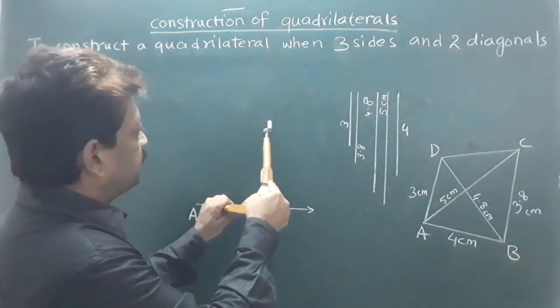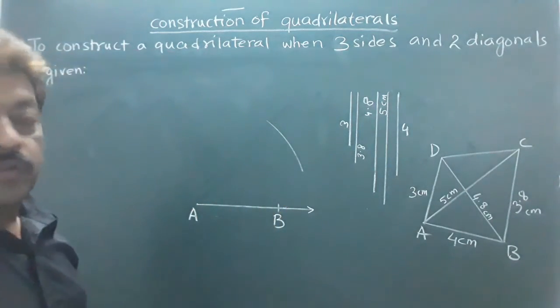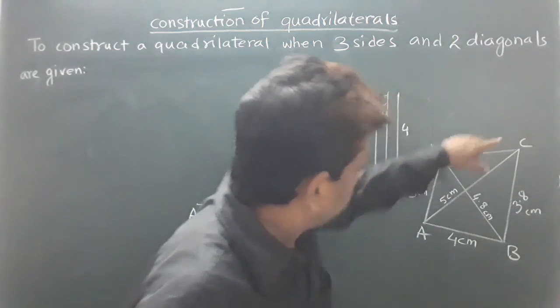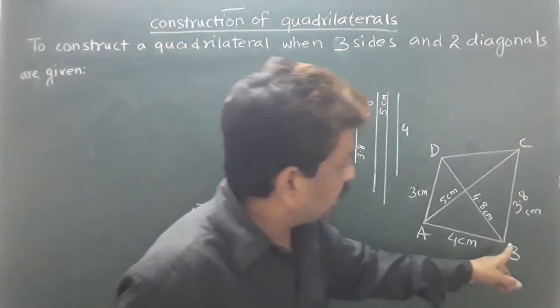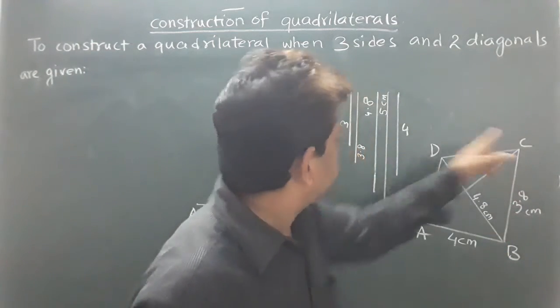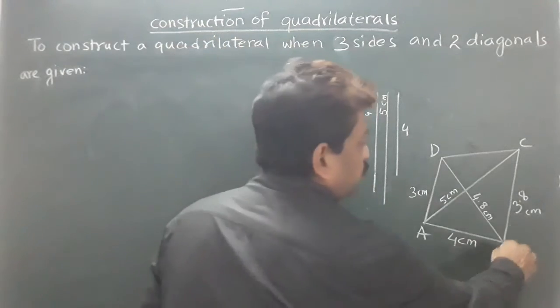Make an arc of 5 centimeter. So I have got this length AC, but the point C is not known. To get the point C, I have to draw another arc from B, which will intersect this arc and whose length is 3.8. Means I have to draw BC.